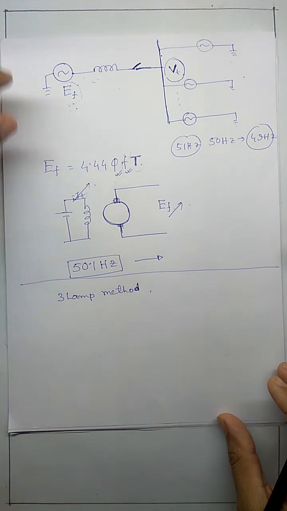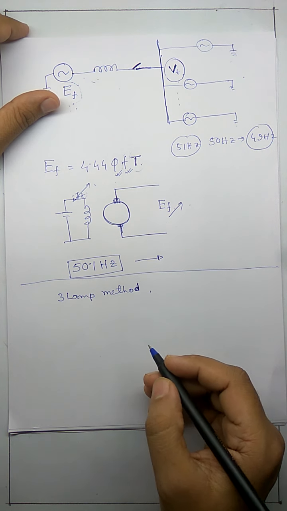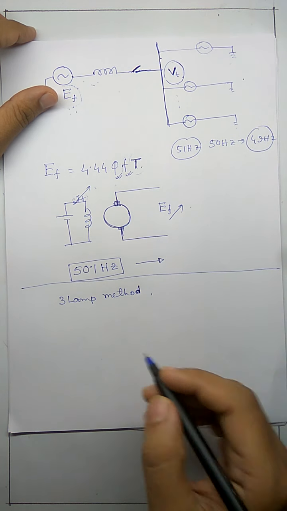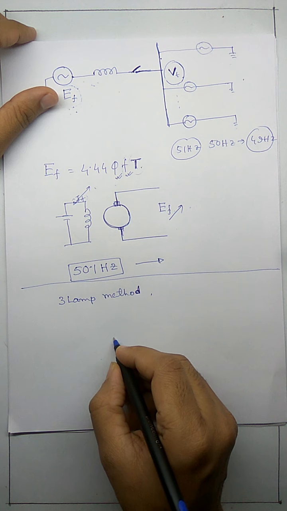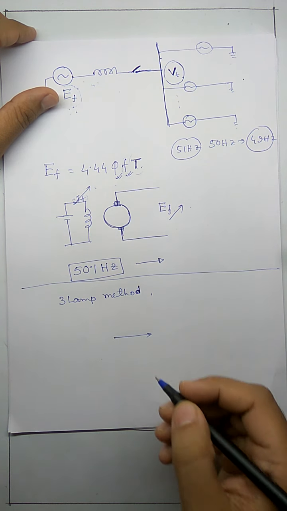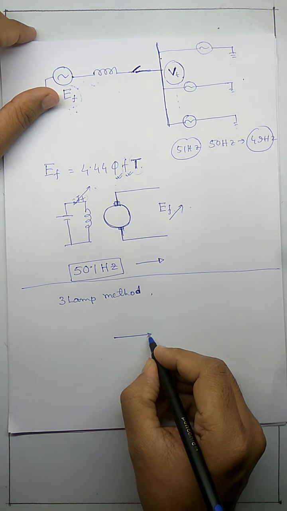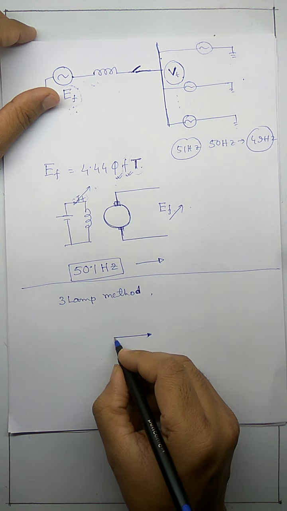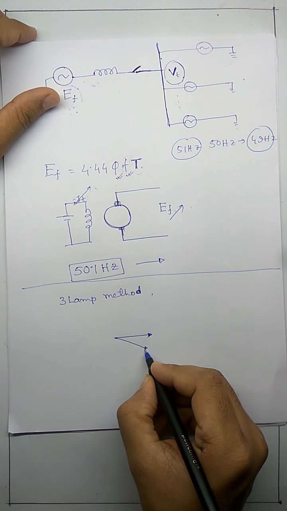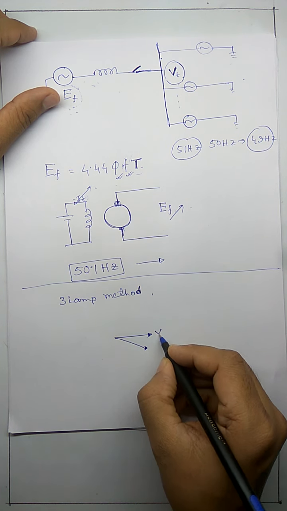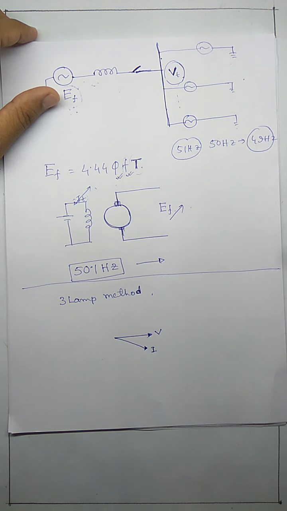Before we conclude, let's look at one very simple thing. If we have a voltage V like this, and a current like this, we call this a phasor diagram. Say this is voltage, this is current. We can draw a phasor diagram because this voltage and this current are at the same frequency.